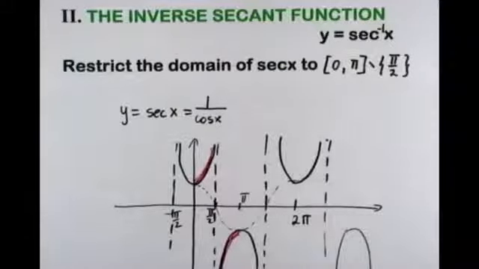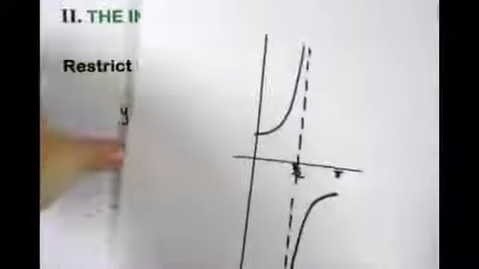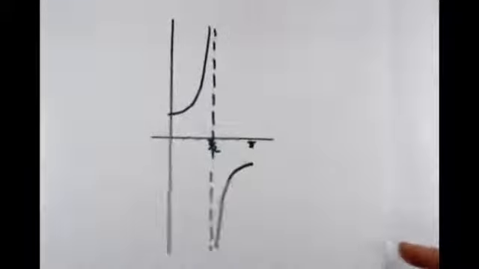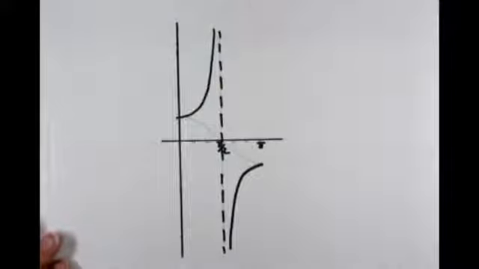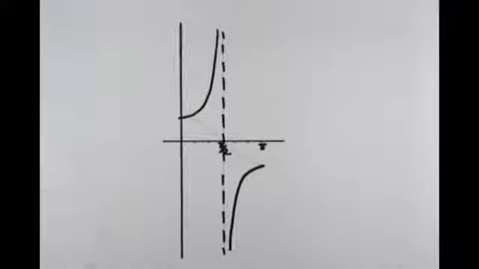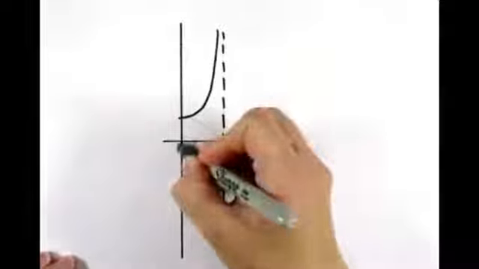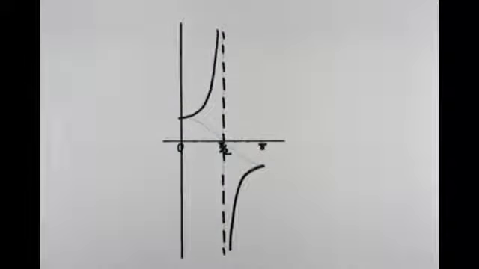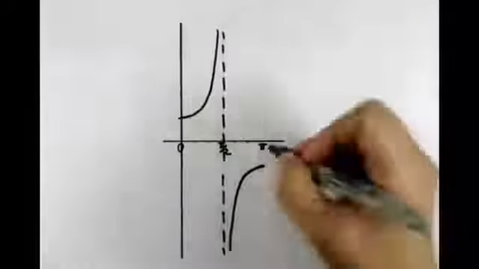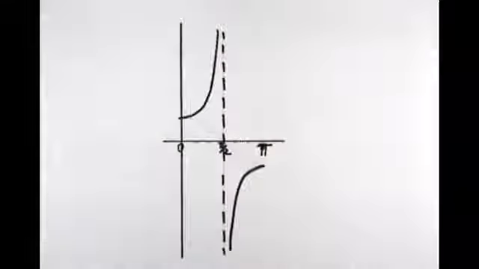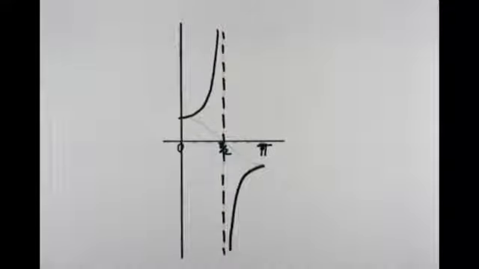So as before, I'm gonna use the overhead. That's my secant restricted to 0 to pi. From 0 to pi, 0 and pi we have right here. And now I'm gonna use the overhead.